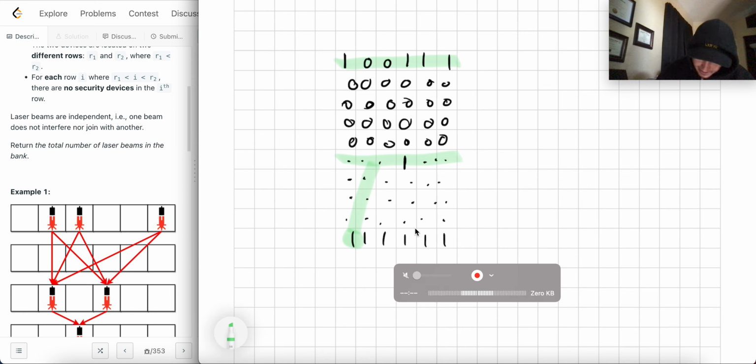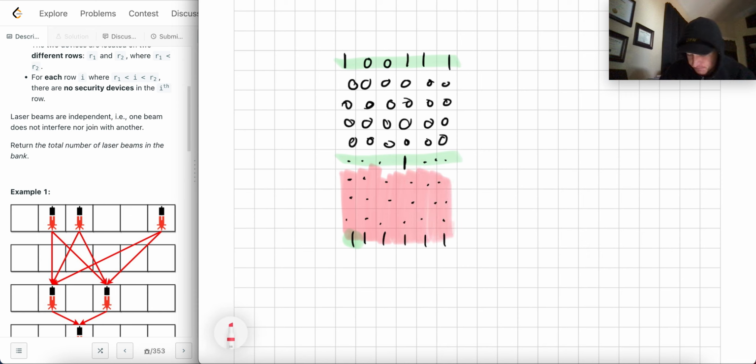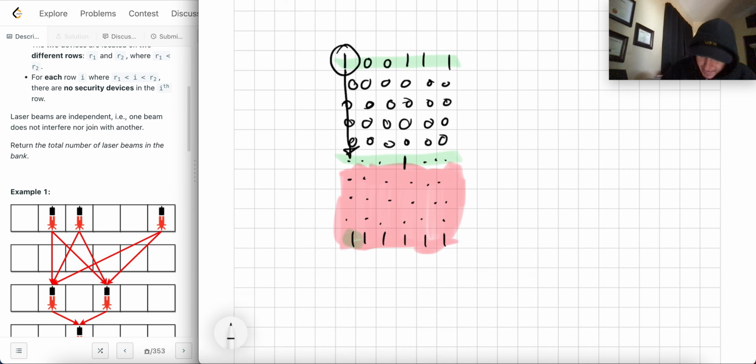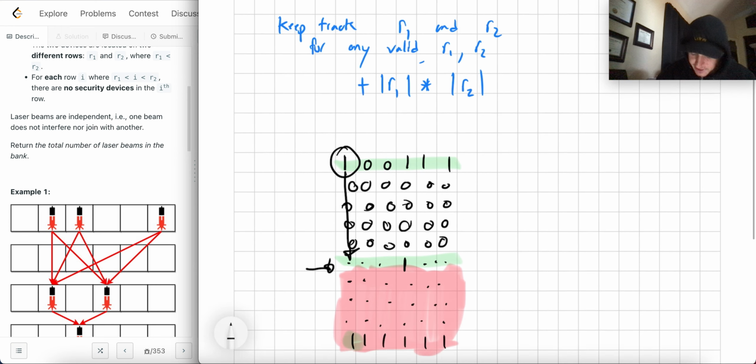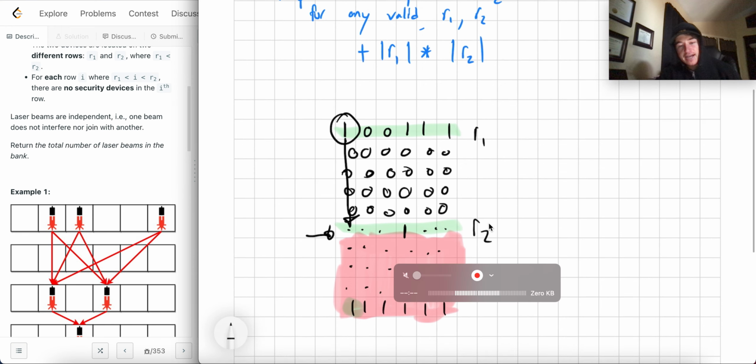So anything below the first point at which you find a 1 can't be connected to. Okay? So what I'm trying to say here is, all these lasers up here, they can't get past this point because there's a laser in the way. So basically what that indicates is, if this is my R1 and this is my R2, as soon as I find an R2, none of these can ever be used again.